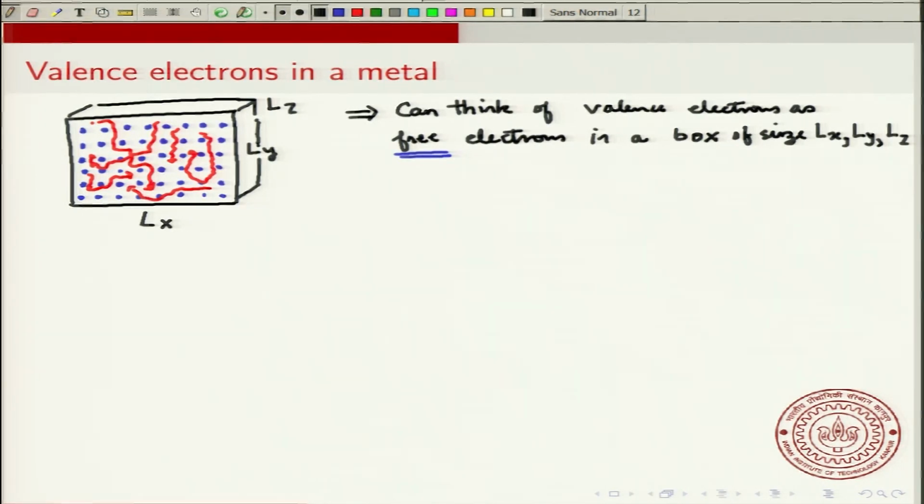And what it will say is that your wave function for the valence electrons will have this free electron form. Now, there are a lot of valence electrons in the crystal, several valence electrons.